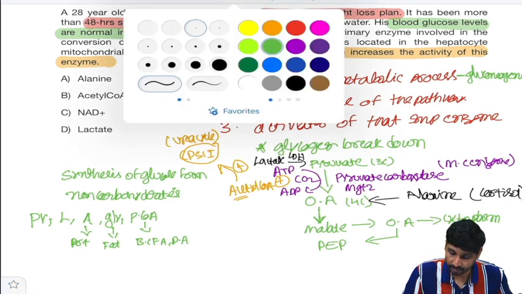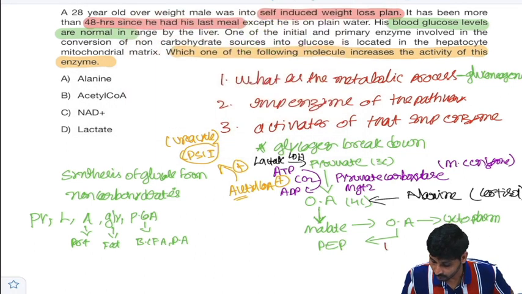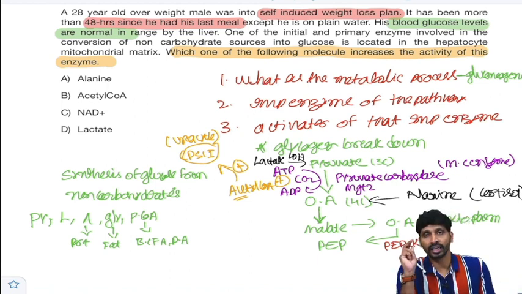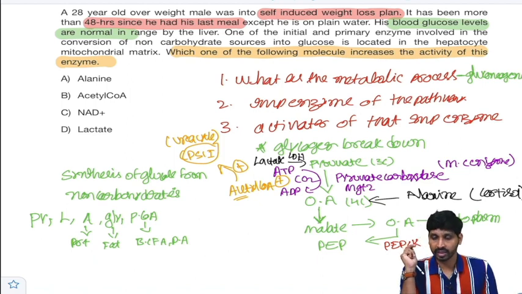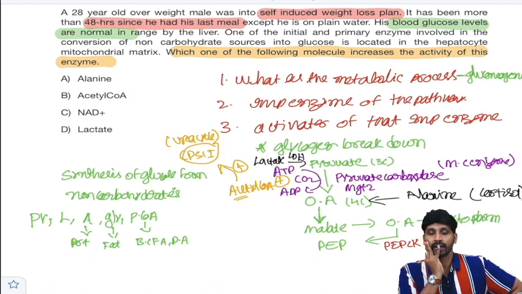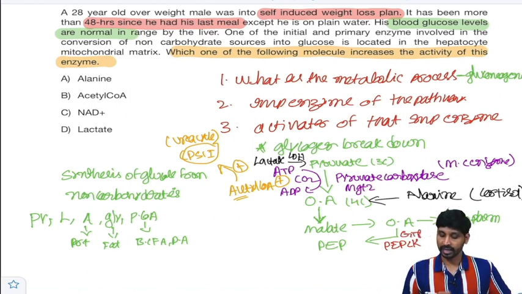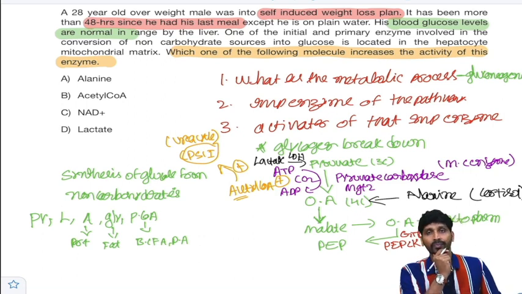What is the enzyme here? Phosphoenol pyruvate carboxykinase. This is one more enzyme in gluconeogenesis, the second key enzyme in gluconeogenesis. Here GTP is involved. It is a GTP dependent enzyme. Understand?